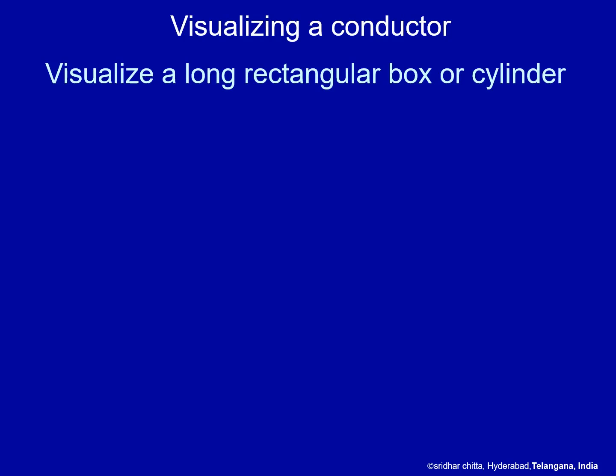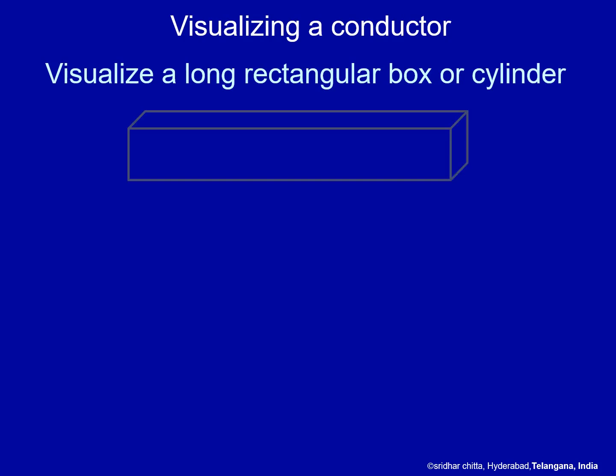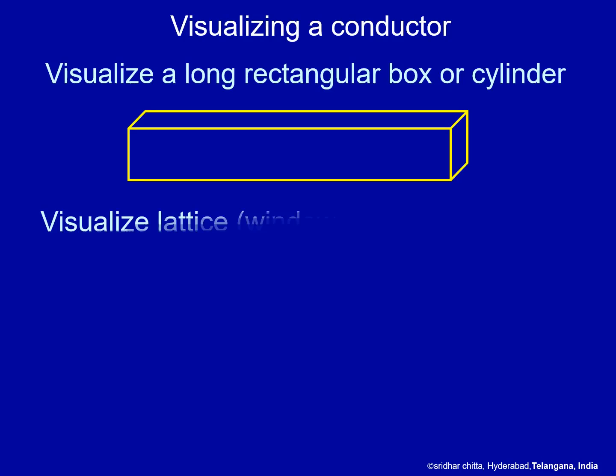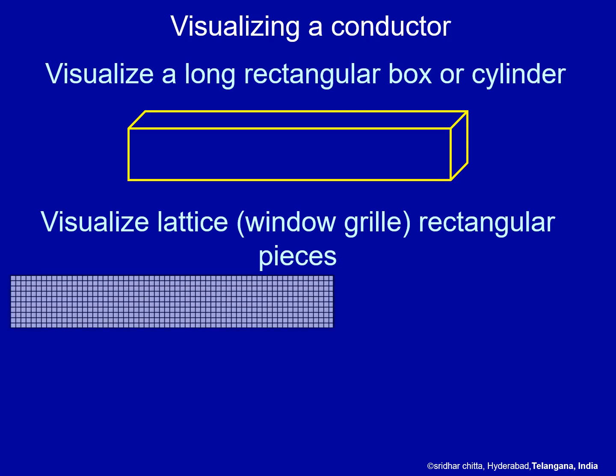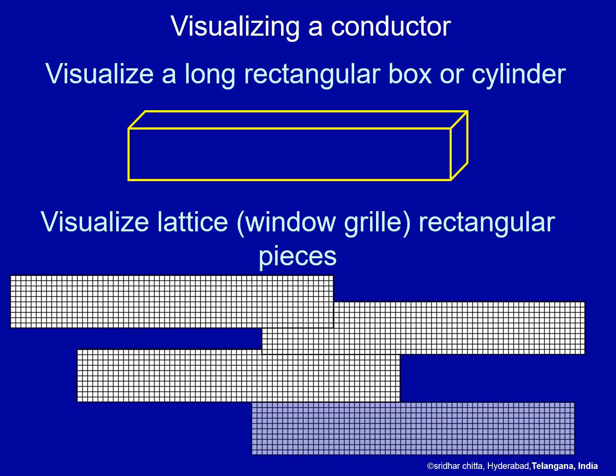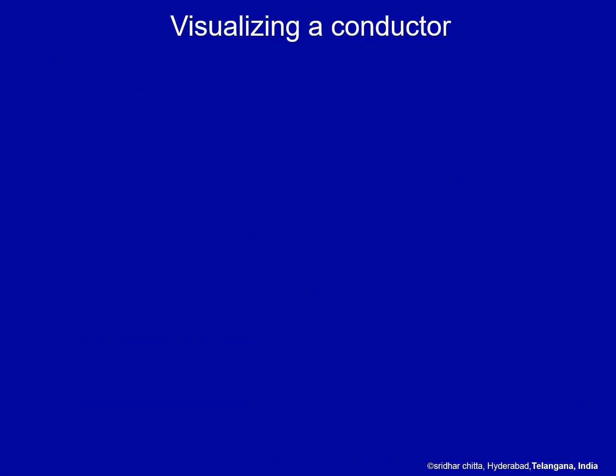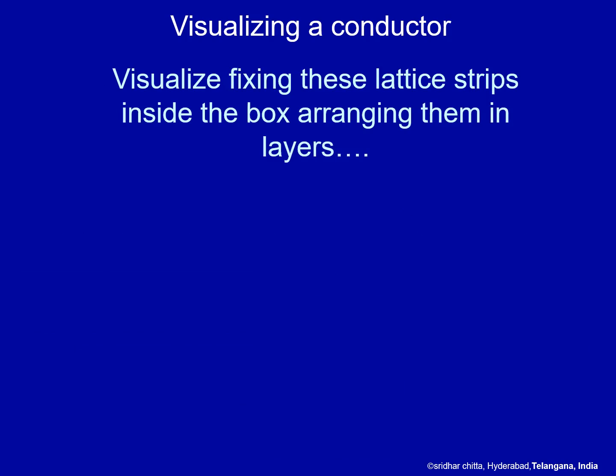Visualizing a conductor. Visualize a long rectangular box or cylinder. Visualize lattice, that is window grill, rectangular pieces. Visualize fixing these lattice strips inside the box, arranging them in layers.